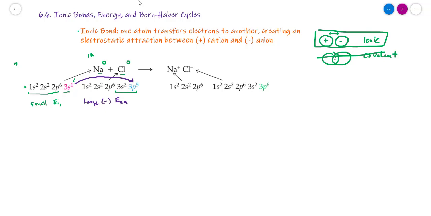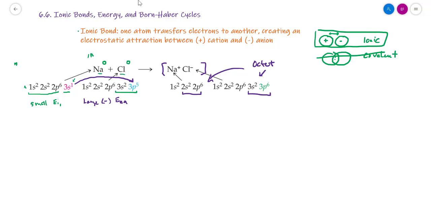Then we can see that in the actual formed compound where the ionic bond has formed, we've got these nice two noble gas configurations, or octets, to use the same language that we just learned. So octets are achieved for both of these ions.